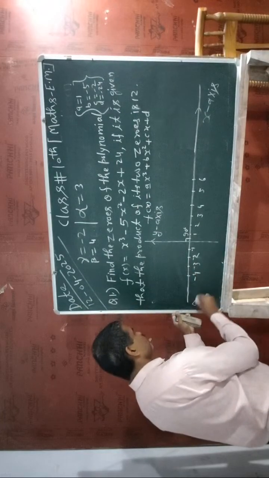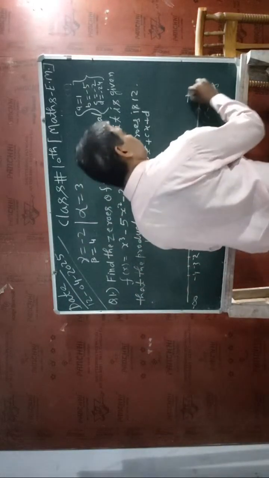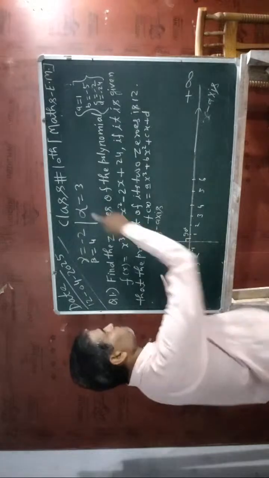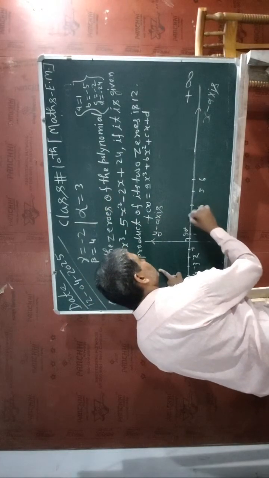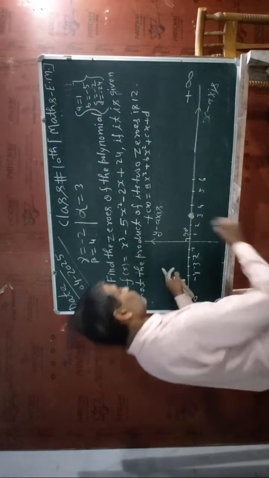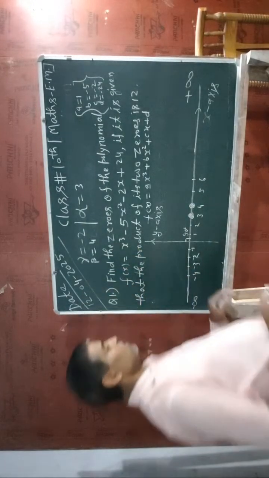It will go up to minus infinity, and this will go up to plus infinity. Okay student, now this is the cubic polynomial, and I have got three roots. One is 3, so the curve will intersect at point 3, and the other is 4, meaning the curve will also intersect at point 4.